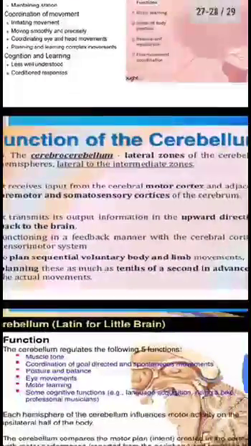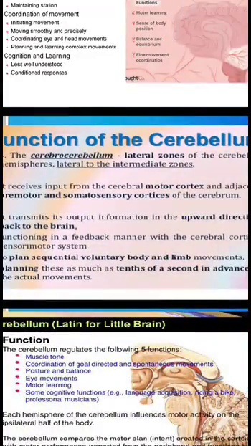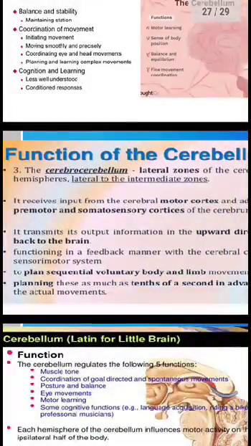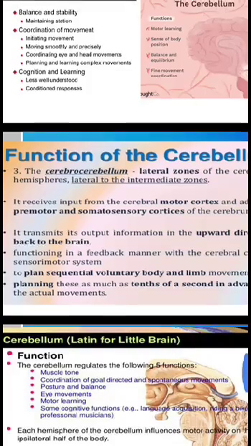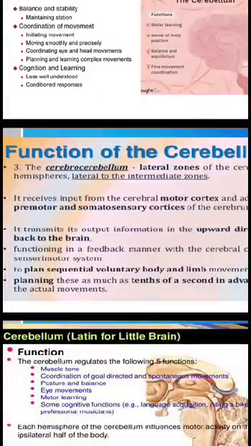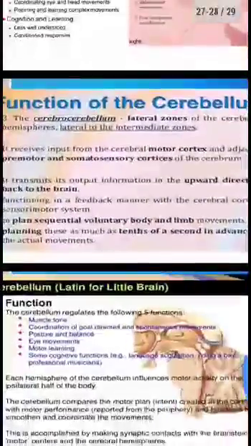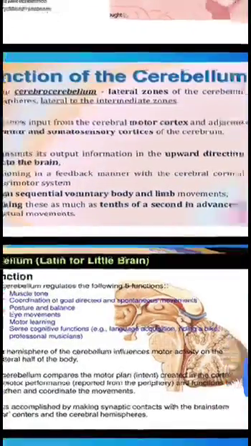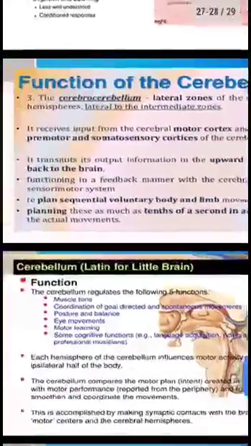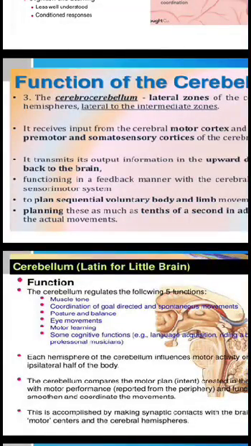Then especially the cerebrocerebellum. What it does is receive input from the cerebral motor cortex and adjacent premotor and somatosensory cortex of the cerebrum. So it transmits the output information upward, back to the brain.